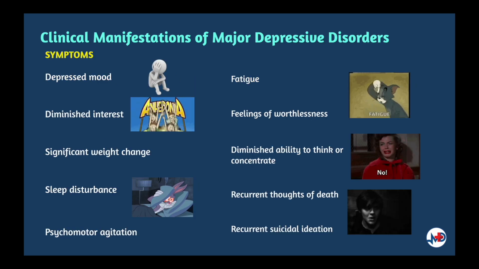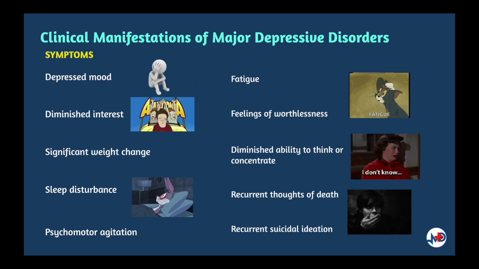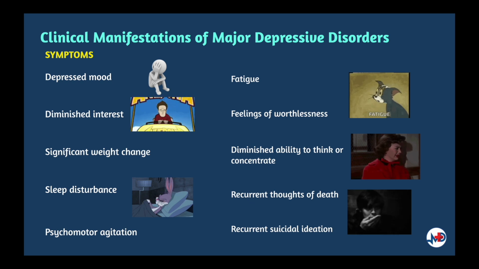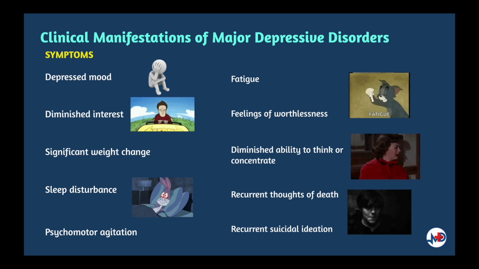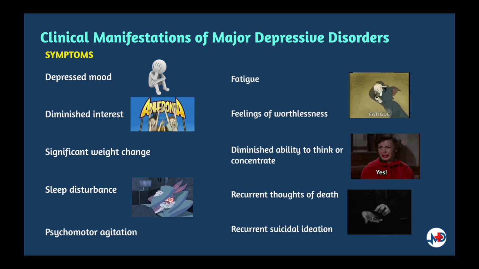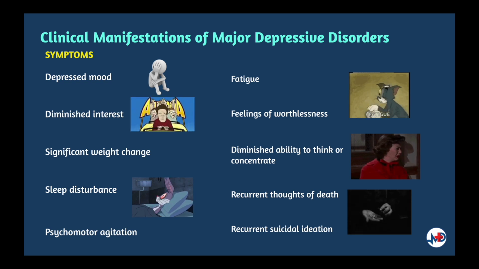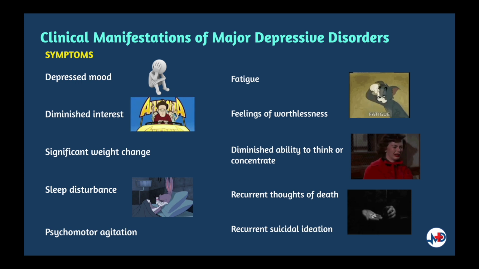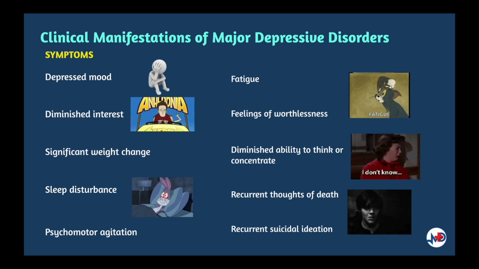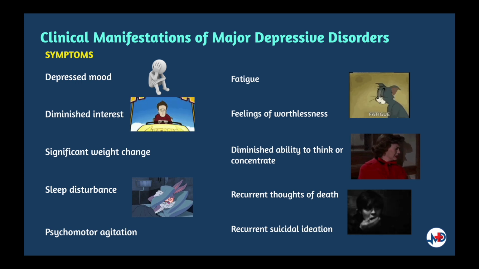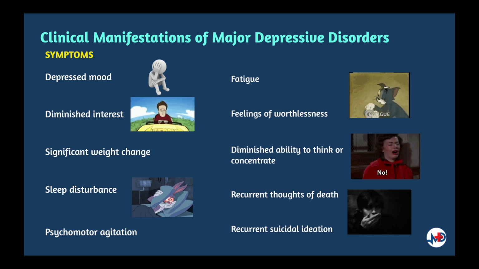So, which signs and symptoms must be present to meet the diagnostic criteria for major depressive disorder or clinical depression? Among the criteria for a major depressive disorder is that at least 5 of the following symptoms have to be present during the same 2-week period, and at least one of the symptoms must be diminished interest or pleasure or depressed mood.